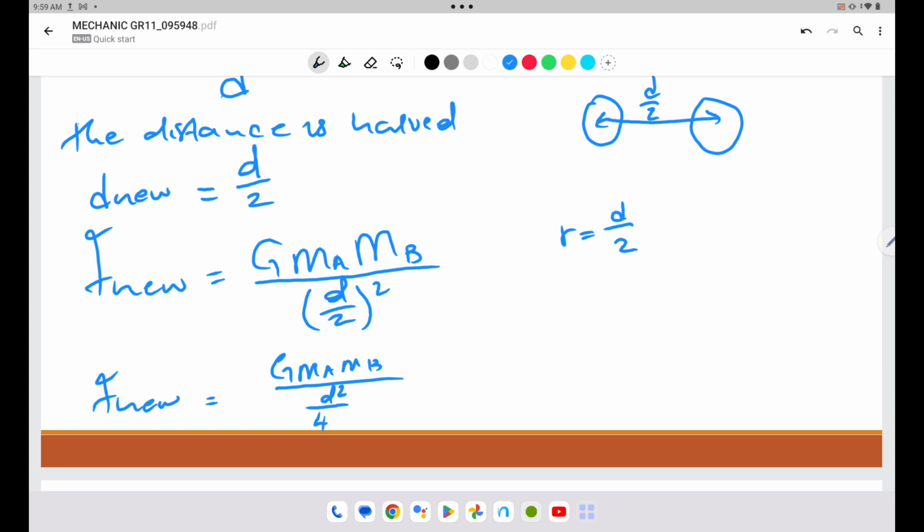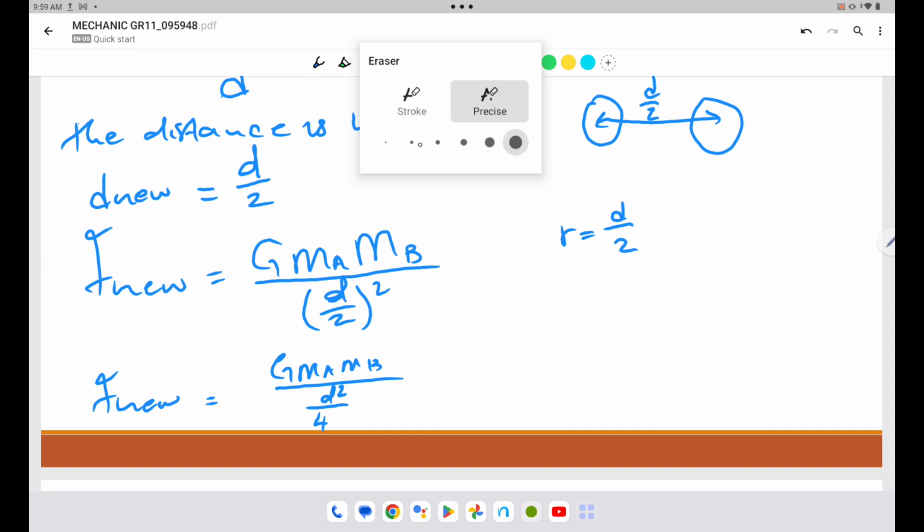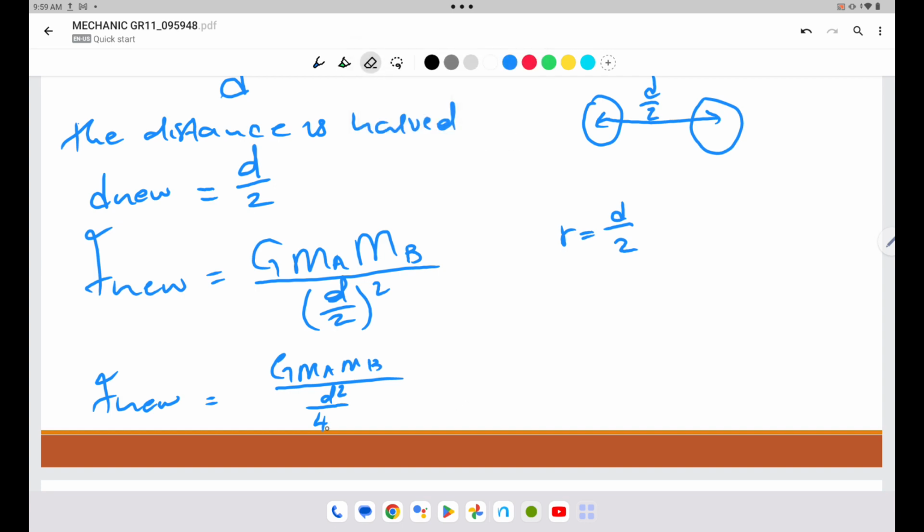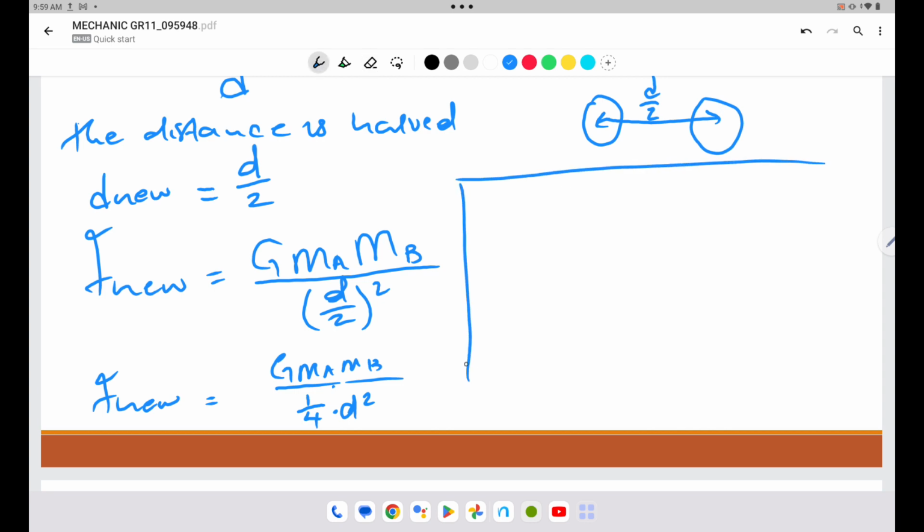Or if you like, you can write this as 1 over 4 multiplied by d squared, it's all up to you. So now to write this new force in terms of the old one, we need to separate the numbers from the variables. So F new will be equal to, remember that from maths, if there's nothing in front of the variables, then the number that is there is actually 1.